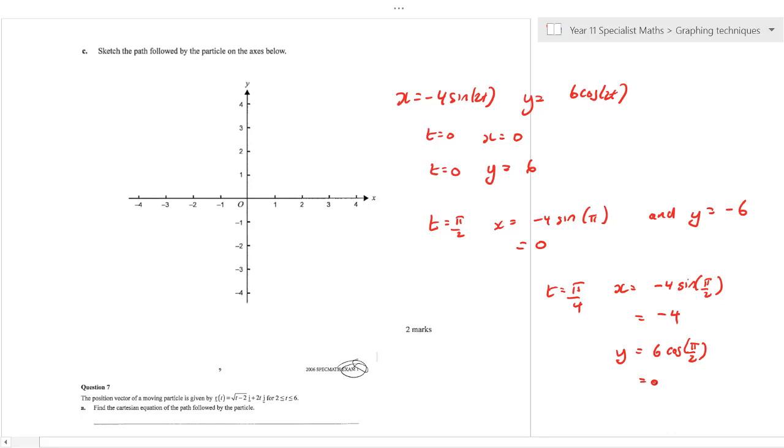So halfway between, at t equals 0, y is equal to 6 and x is equal to 0. So it's actually over here.